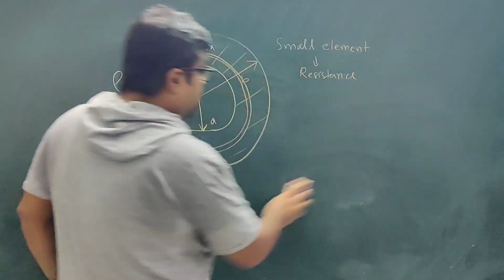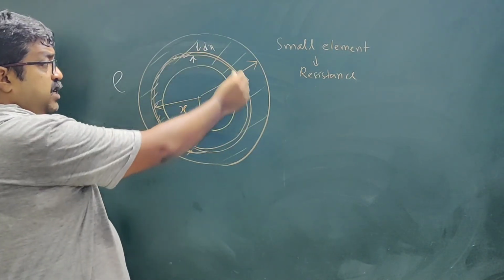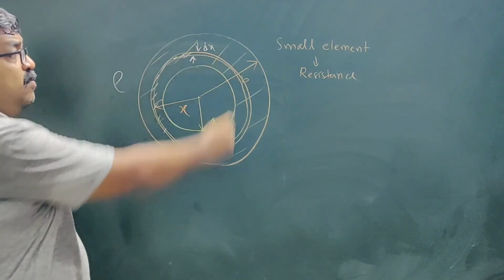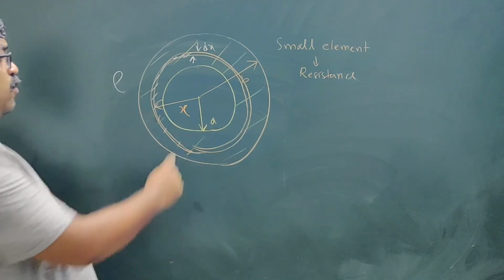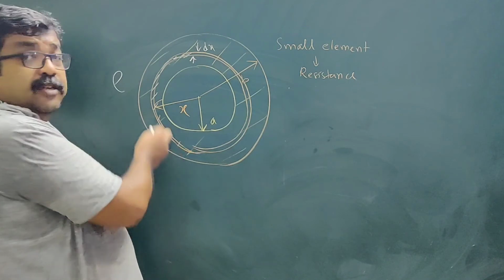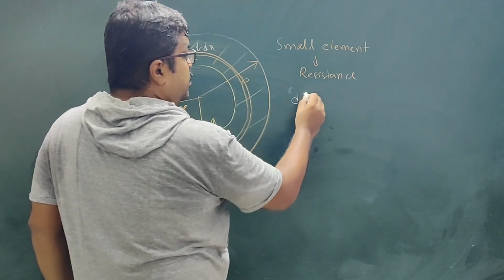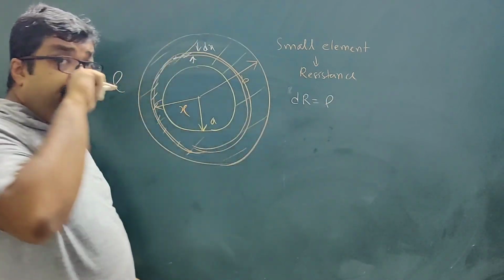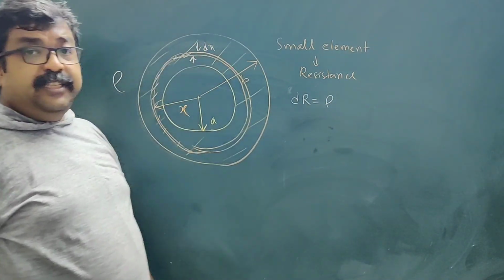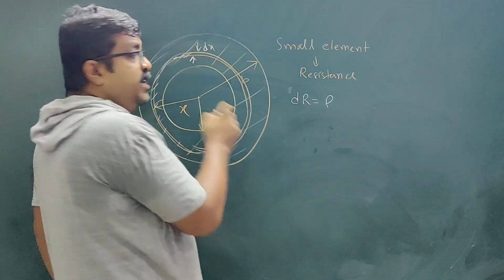Again we are going to consider a small element. In this case, that small element will be a spherical shell of radius x and thickness dx. For this spherical shell, the resistance dr will be rho, the resistivity of the material, times dx, the thickness, which is equivalent to the length, because the current is traveling radially outward through this length dx.